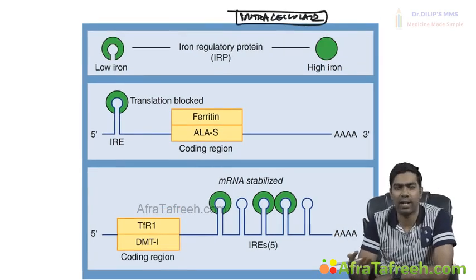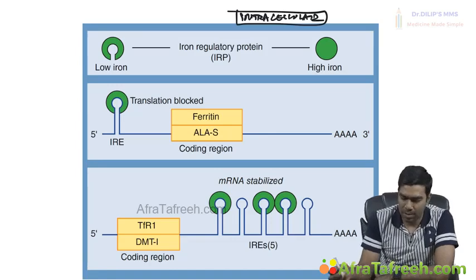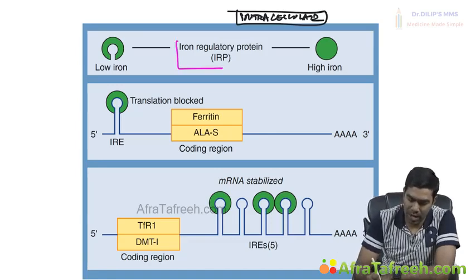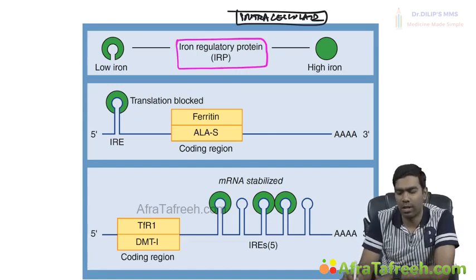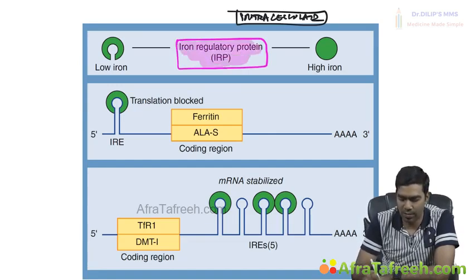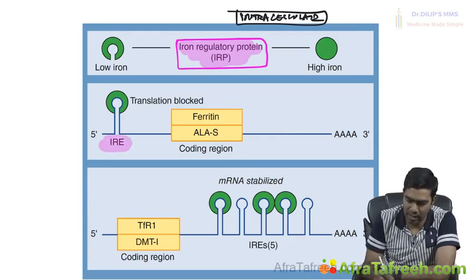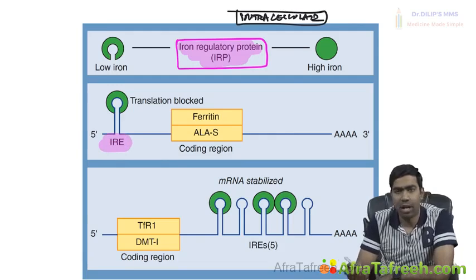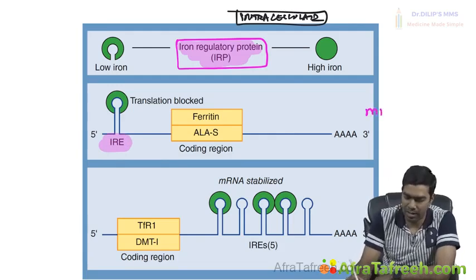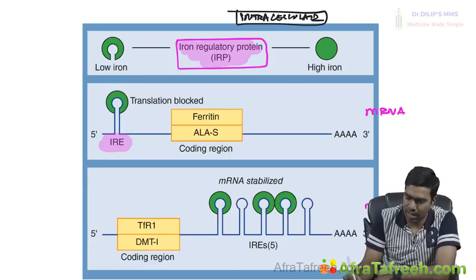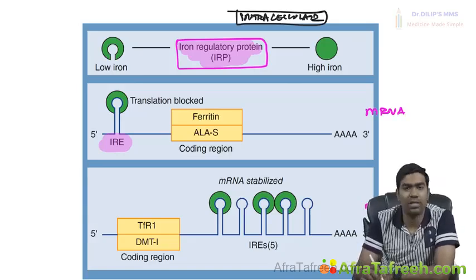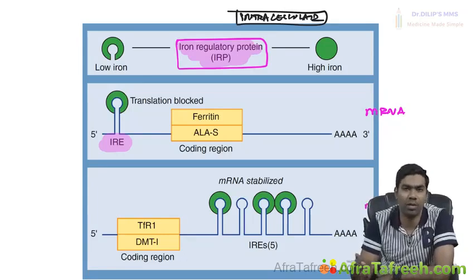Your intracellular iron sensing is based on two important things. One is something called the IRP model, that is iron regulatory protein, which is present within the cell, and similarly you have something called iron response elements. These are on the mRNAs of certain proteins, and where the iron response elements are placed is what is going to be the key.